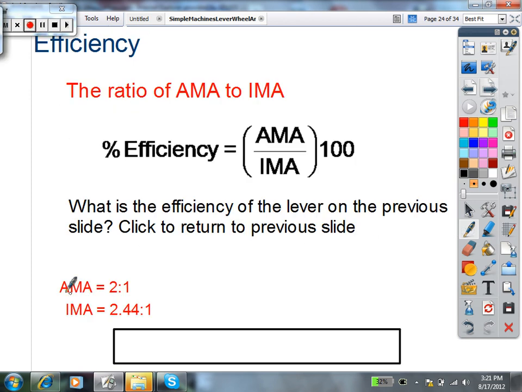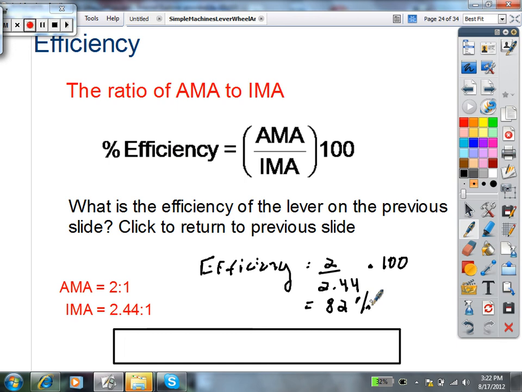So the actual mechanical advantage of 2 and the ideal mechanical advantage of 2.44. So we say the percent efficiency is going to equal 2 divided by 2.44 times 100, and that's going to equal 82. So it's basically 82% efficient.